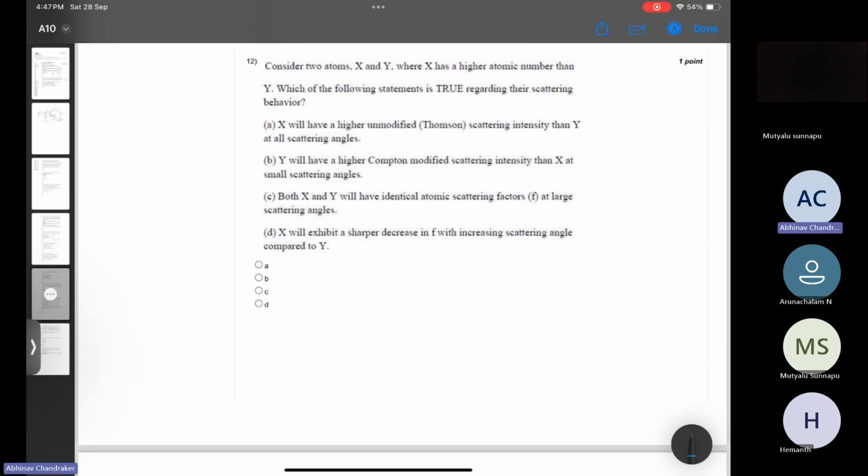X has a higher atomic number than Y. Which of the statements is true about the scattering behavior? A. At all scattering angles, X will have a higher unmodified scattering intensity.